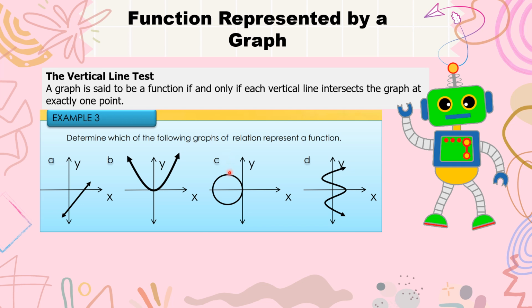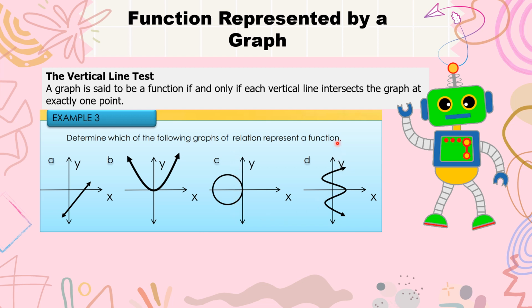Let's say 1, 2. Kapag dito naman tayo sa kabila, again 1, 2. So dalawang point yung masasagi sa ating graph. So since 2 points yung nasagi ng vertical line natin, it is not a function. So letter C is not a function.